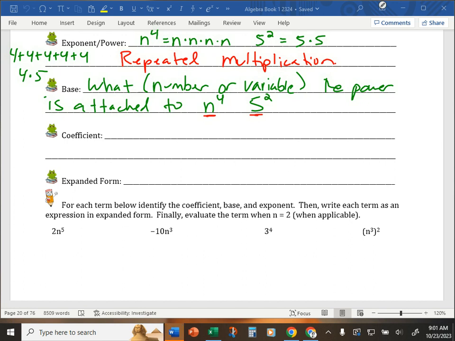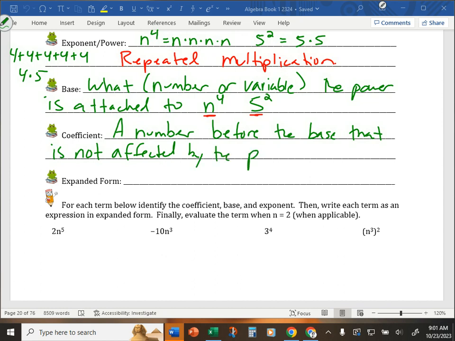A coefficient is a number before the base, and here's the kicker, that is not affected by the power. I'll explain why that is in just a little bit.